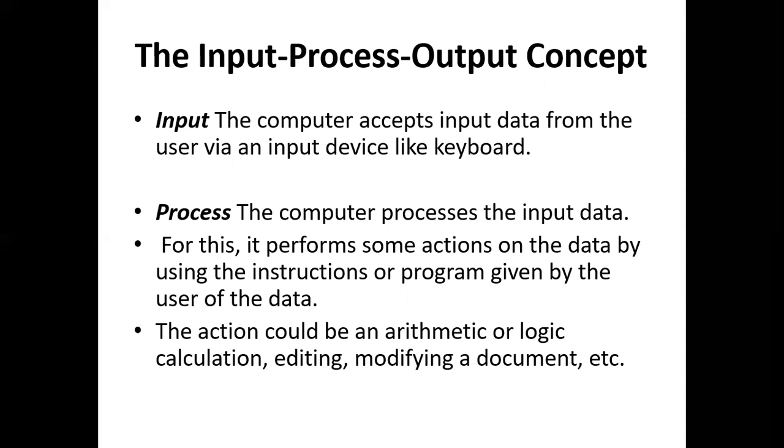As I type that message and then I press send, the processing now comes in. Some action will be performed on the data. In this case, it's preparing the data in a form suitable for sending, and when it is prepared, sending it to the receiver. Remember processing, we said, is performing some action. There are a number of actions that will be done.